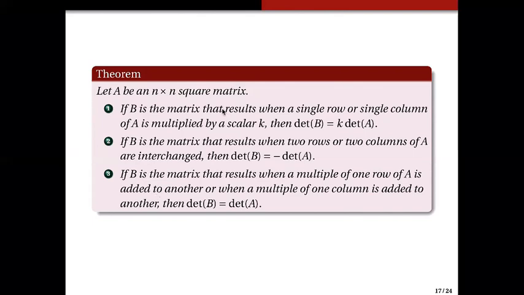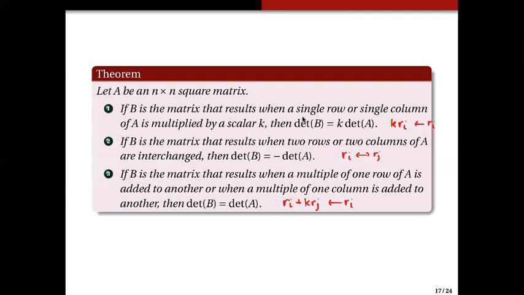In the first one, you actually have K row I. You change row I to K row I. For the second statement, row I is interchanged with row J. On the last one, you have row I plus K row J, and this replaces row I. So these are all elementary row operations.